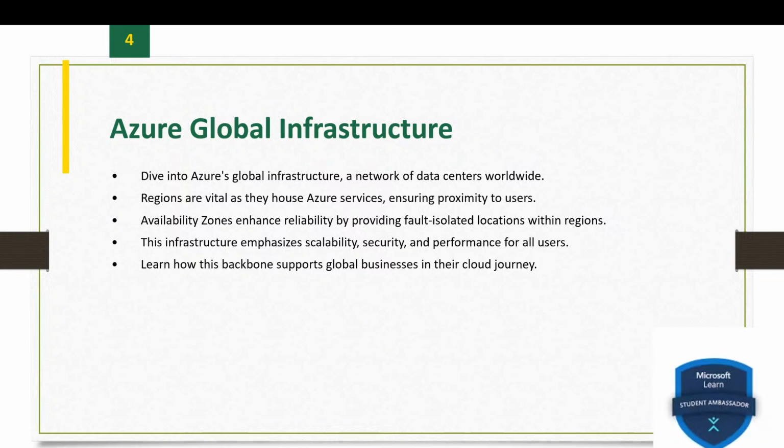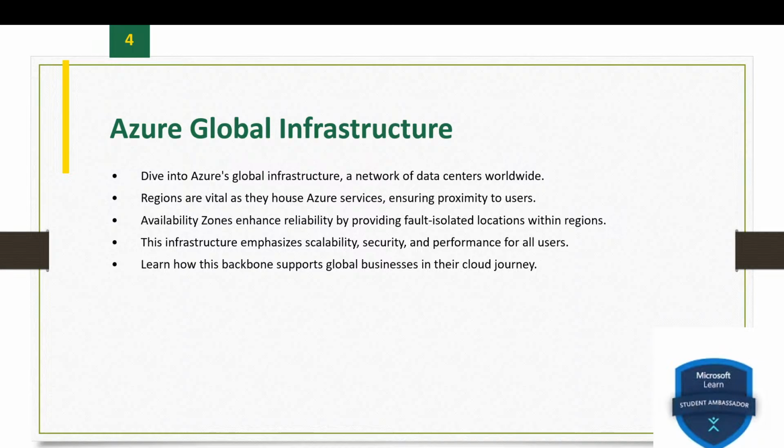And paired regions. Azure regions are typically paired with another region within the same geography, forming a region pair. This pairing ensures data residency, business continuity, and disaster recovery. For example, if a region experiences a failure, its paired region can take over, minimizing downtime.